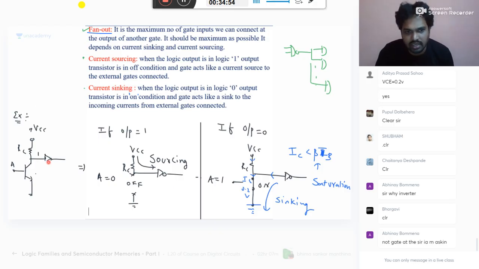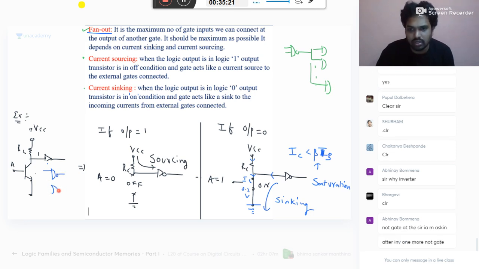See, this gate can be anything. This gate can be anything. Why is this called a NOT gate, you are asking? What is your doubt? Please ask. I told you, in place of NOT, you can take a NAND gate also, or an OR gate also.